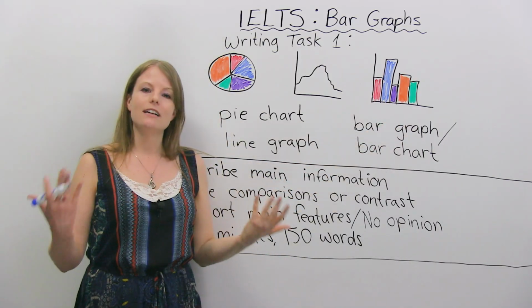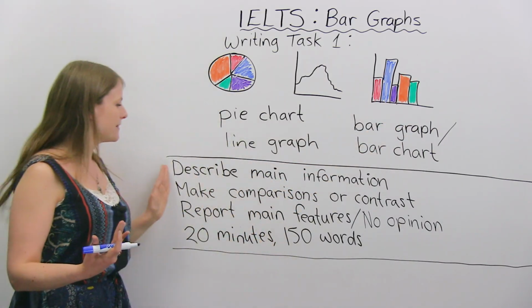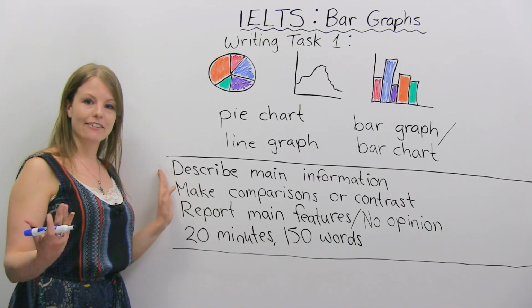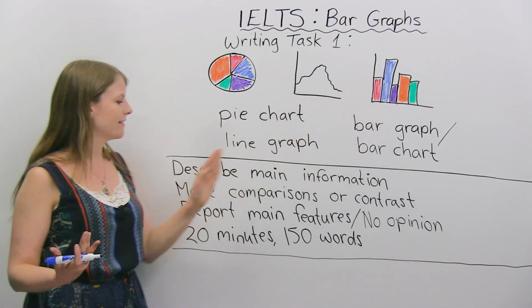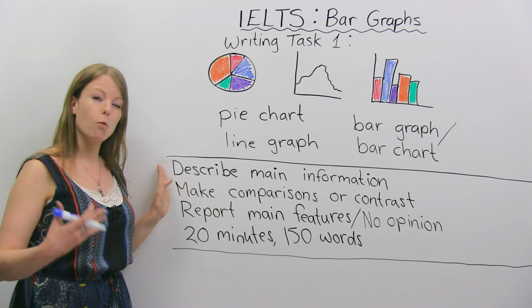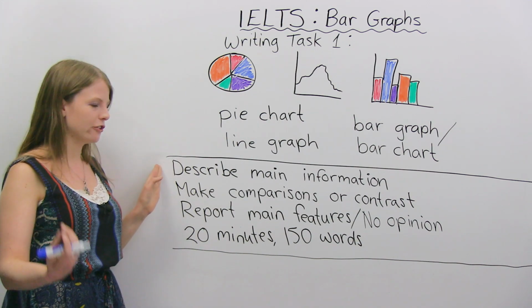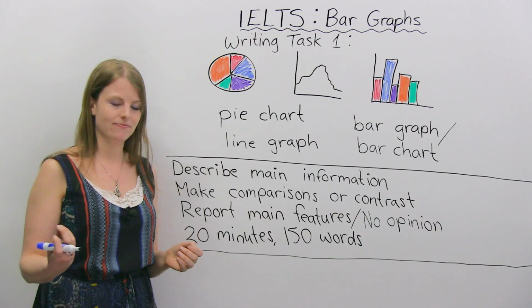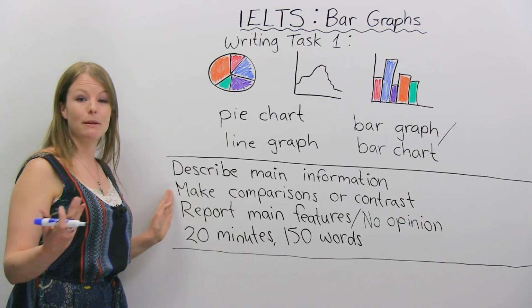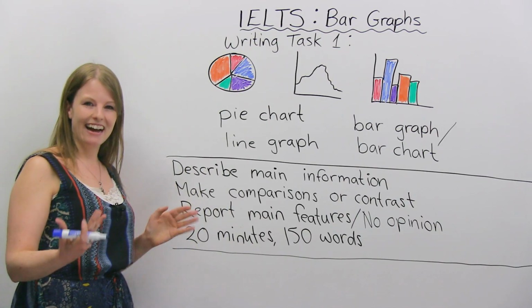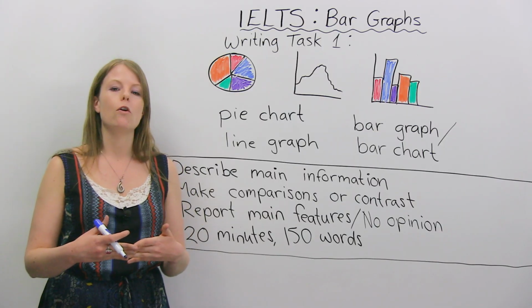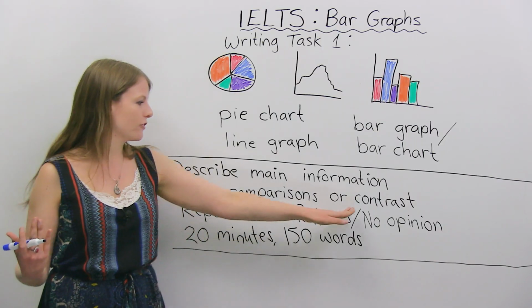Okay, so what are you going to have to do? Specifically, after you get a picture like this, they're going to ask you to describe what you see. Okay, so you're describing the main information. You're also going to have to maybe make comparisons, say how things are similar or how things are different, which is contrast.